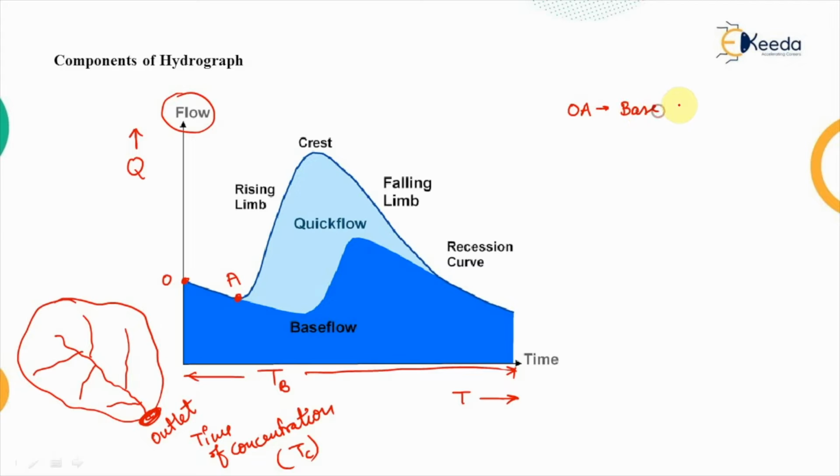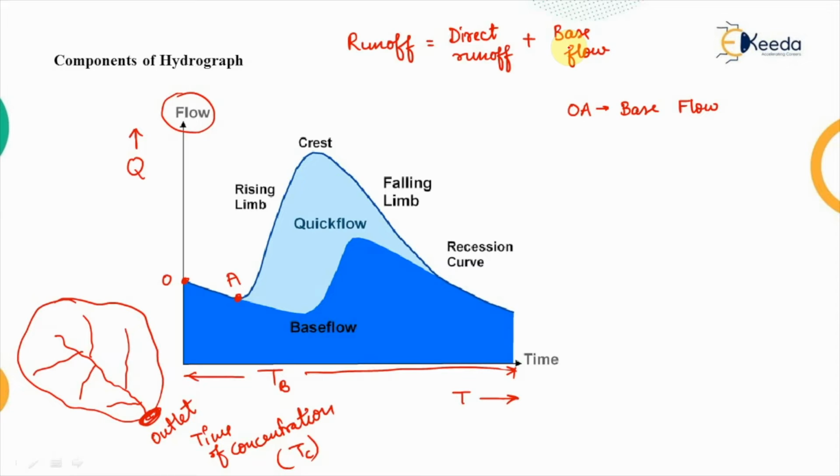Now what is this base flow? We have seen that the runoff which occurs on the surface is a composition of two values, that is the direct runoff, that means the runoff which is occurring on the surface, and the base flow, that means the flow which is occurring in the ground.